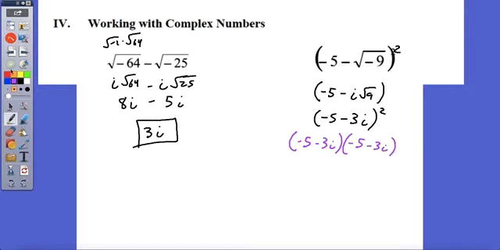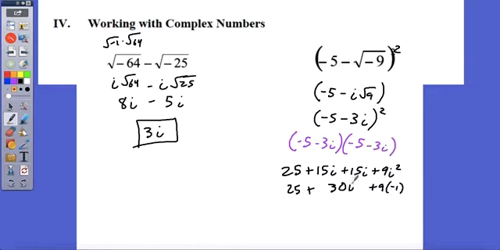So again, distributing, because that's what we always do when we've got a binomial times itself. 25 plus 15i plus another 15i plus 9i squared. This turns into plus 9 times negative 1.